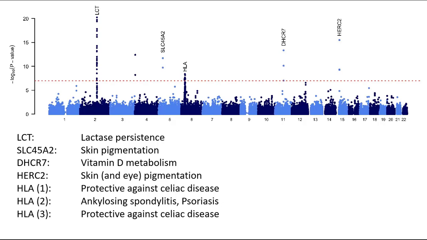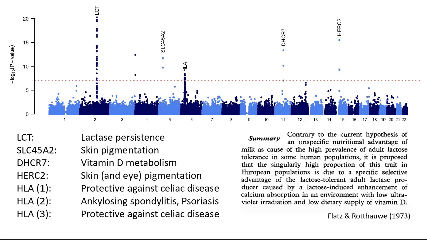So what's the hypothesis? Actually, this is an old idea for the selection on lactase persistence, which is that it's related to vitamin D metabolism. The idea is, you synthesize vitamin D from sunlight in skin.